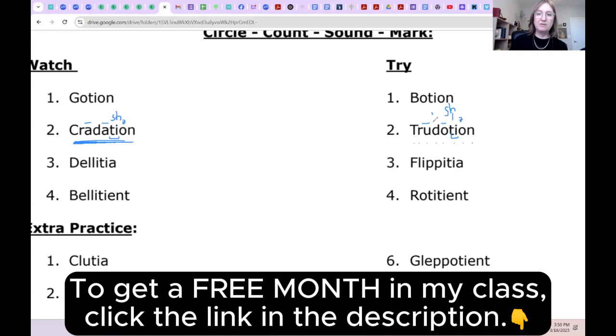Let me break this down into 3 parts here. So we have true, do, putting those 2 parts together, trudo, starting with the TI, shun, putting it all together, trudotion.